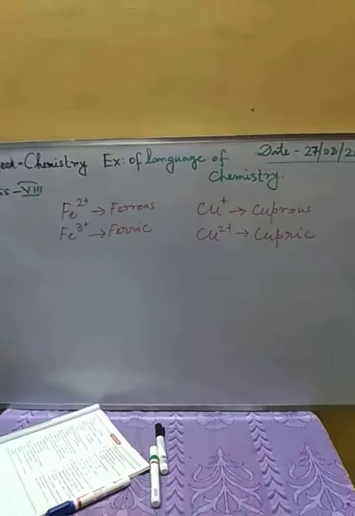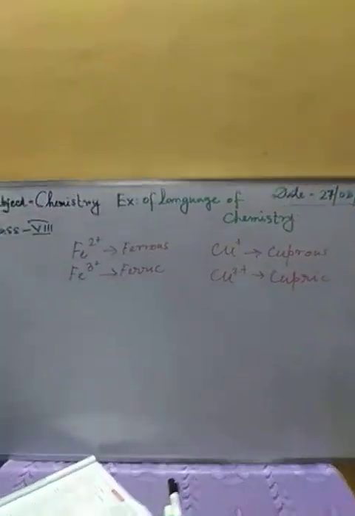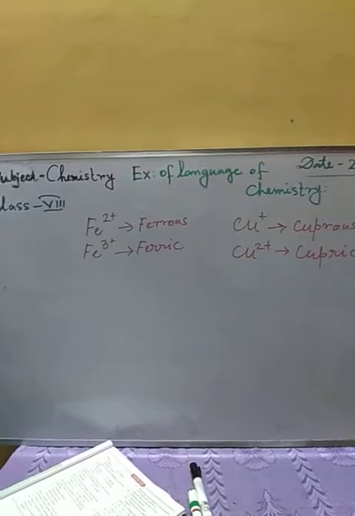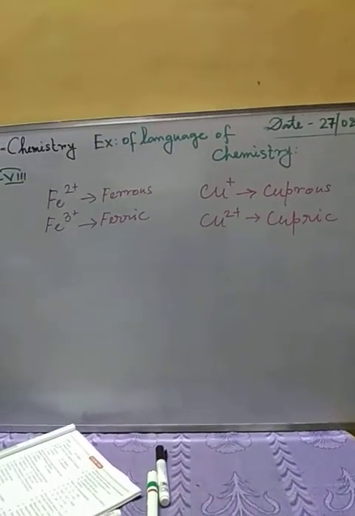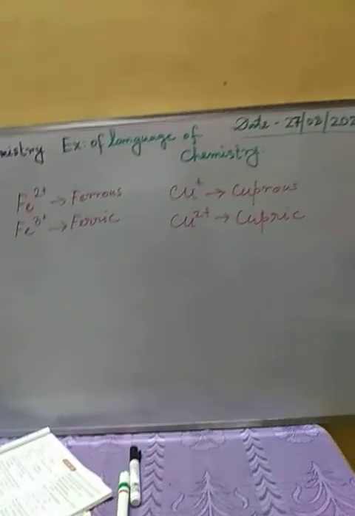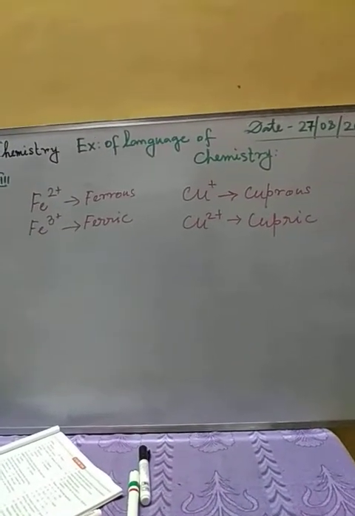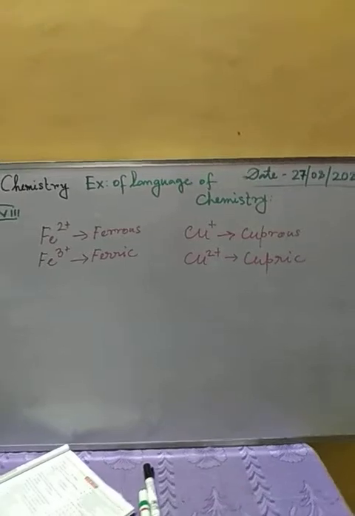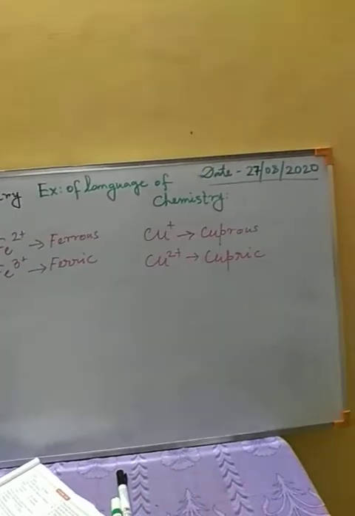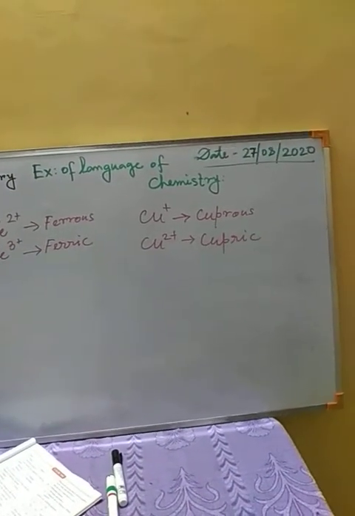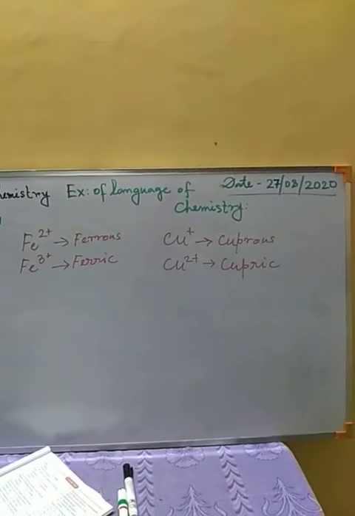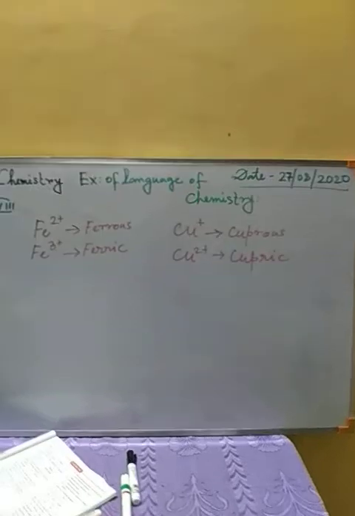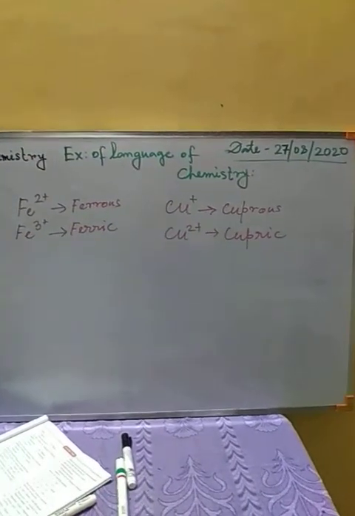Next, question number 7. Let me read the question once. What is a chemical equation? Why is it necessary to balance a chemical equation? What are the limitations of a chemical equation? All the answers to these questions you can get in the book. In the book it is written properly, so from there you will be writing.